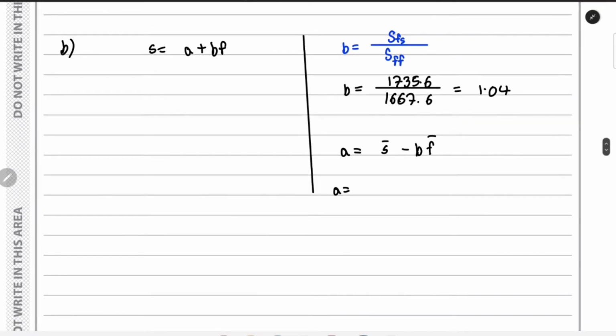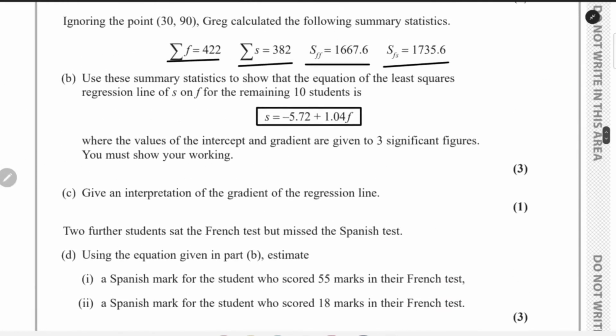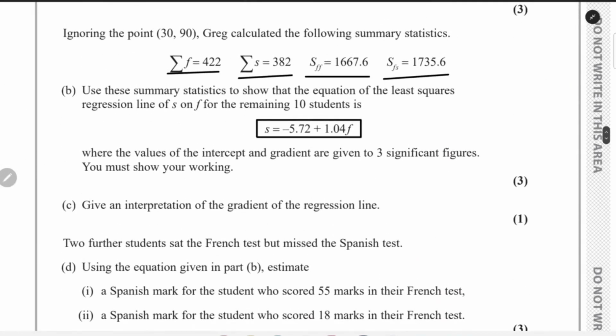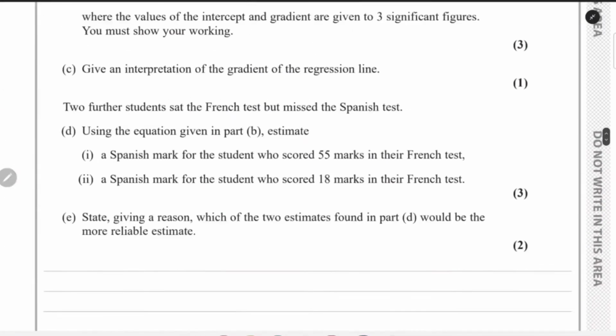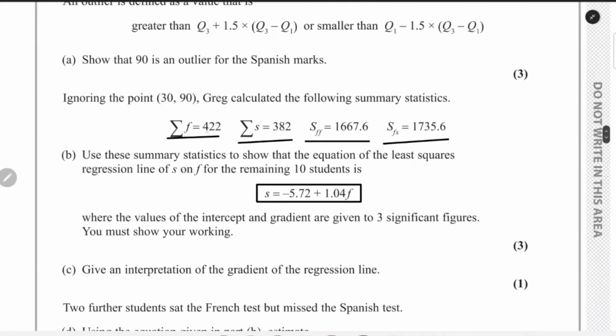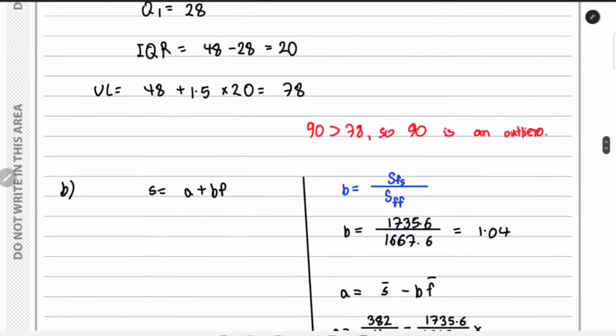So a will be the summation of s by 11, which would be 382 by 11, minus the value of b, I'll write the exact one, 1735.6 by 1667.6, times the mean of f, so 422 divided by 11.